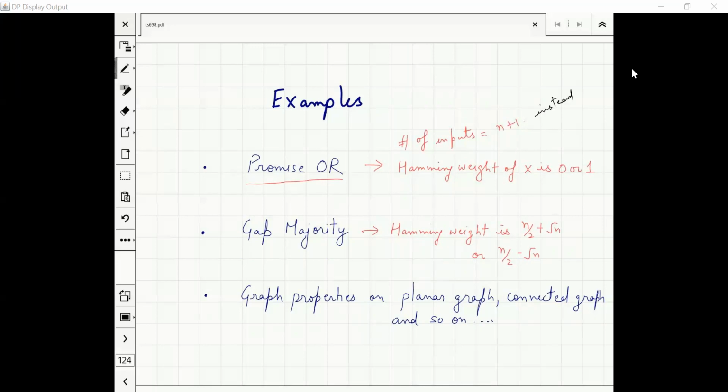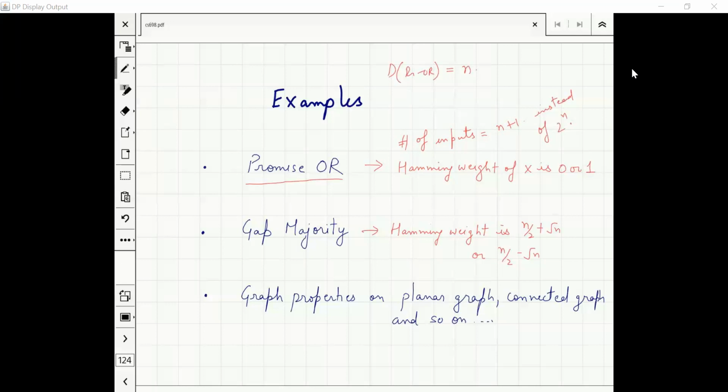And if you had paid attention to the way we proved the lower bounds, you can actually see that even for the simpler problem of promise OR, the deterministic complexity is also n. Because if you remember, the adversary only used the inputs which had Hamming weight either 1 or 0.